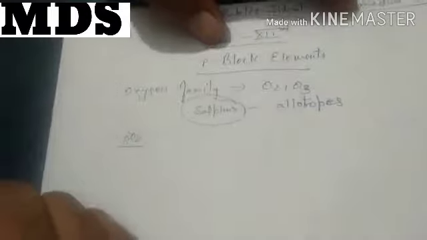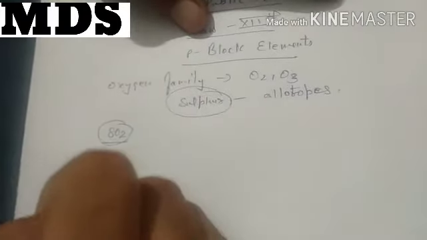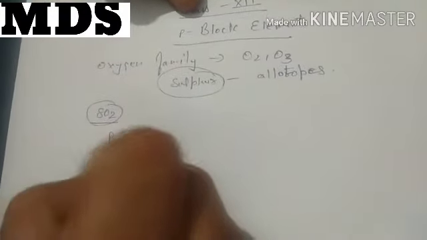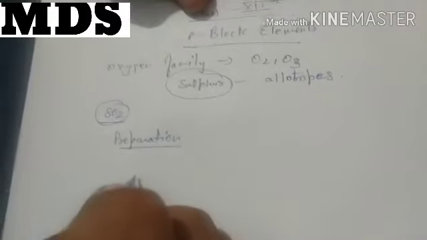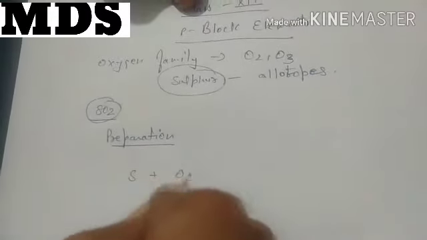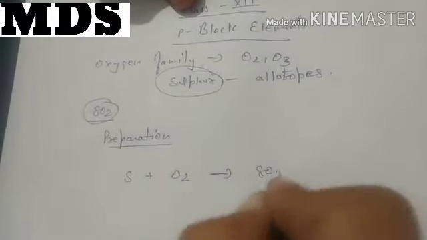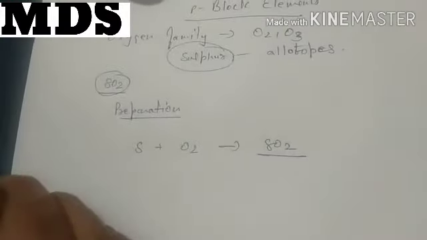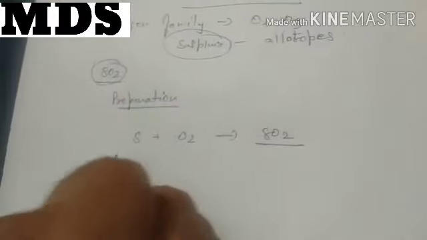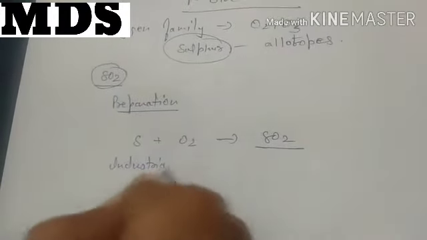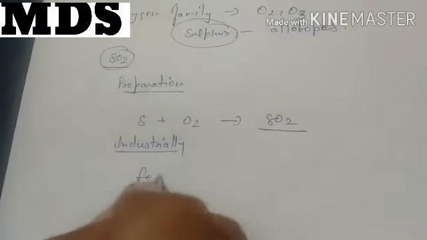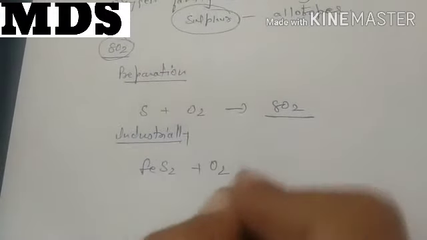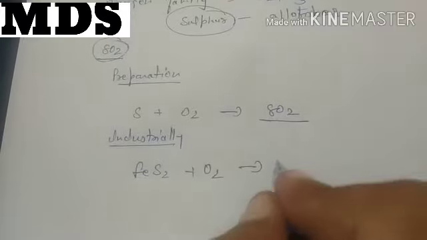If you talk about sulfur dioxide, first we will start with the preparation. Sulfur dioxide can be easily prepared in the laboratory by burning the sulfur, which will result in the production of sulfur dioxide. If you want commercial production, it is industrially prepared from the sulfide ore, particularly as a byproduct while doing roasting.